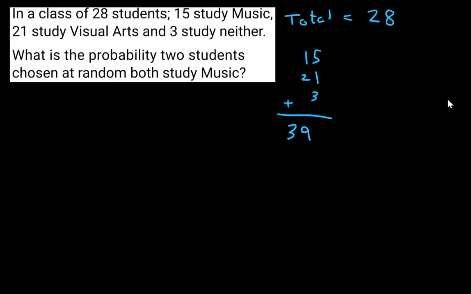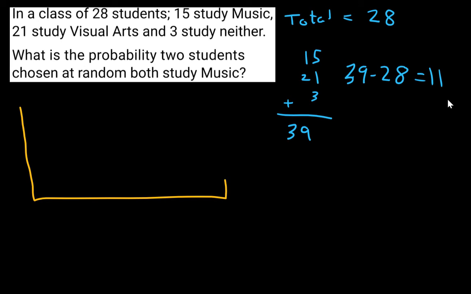We arrive at 39. So if we subtract 28 from 39, we realize that we've counted 11 twice. So let's see if you can work out what that means in terms of a Venn diagram.